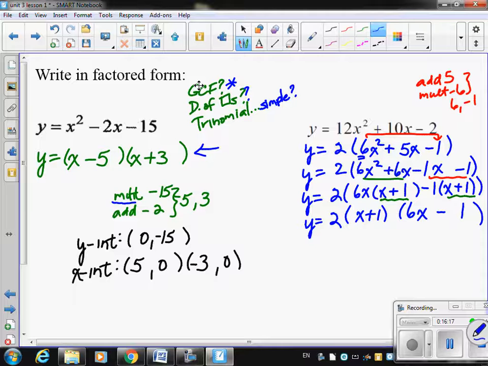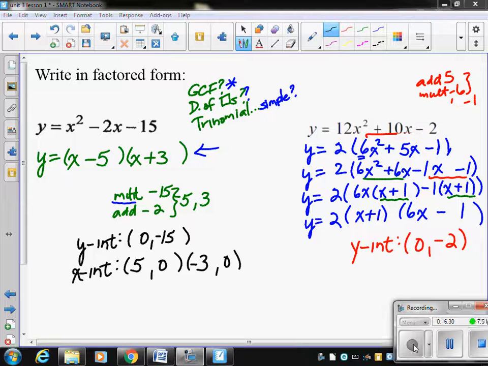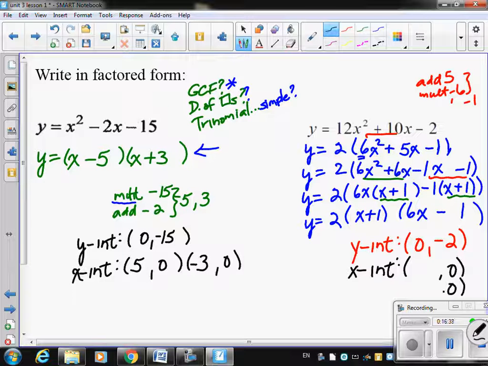The first form tells us our y-intercept. Your y-intercept is when x equals 0, and it would be negative 2, coming from here. The x-intercepts come from the second form when y is 0, and I have one x-intercept from that bracket, which is negative 1, and I have another x-intercept from that bracket.